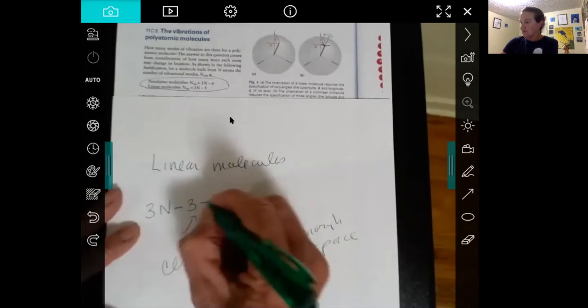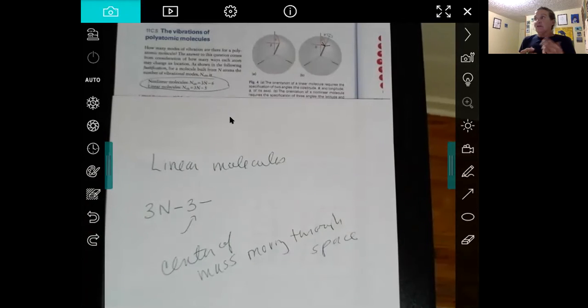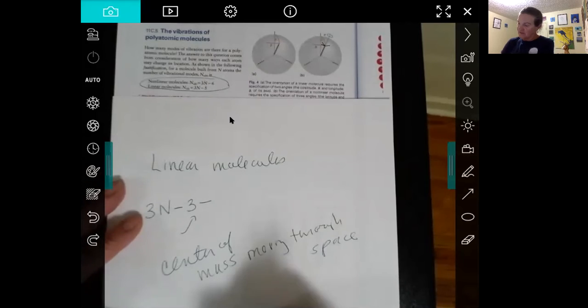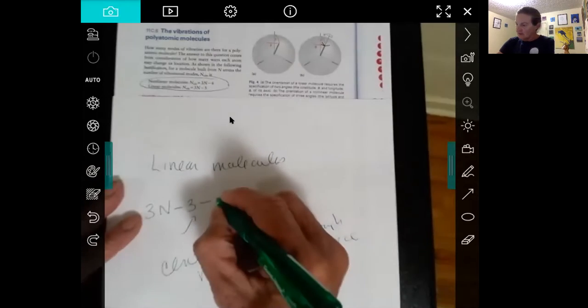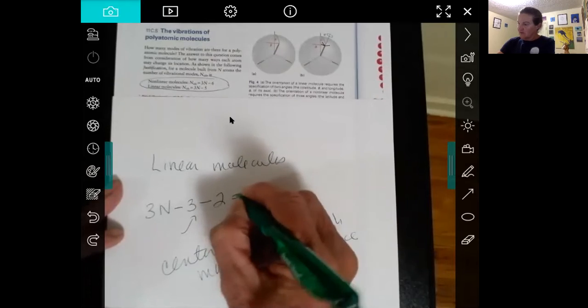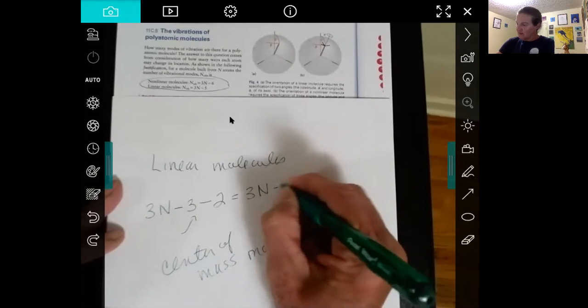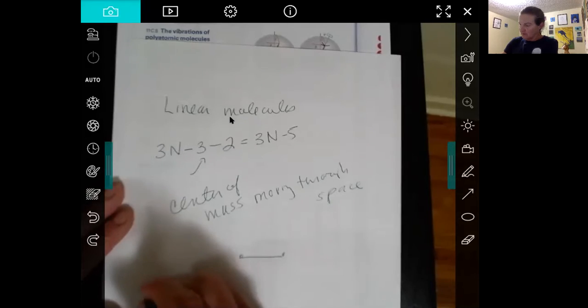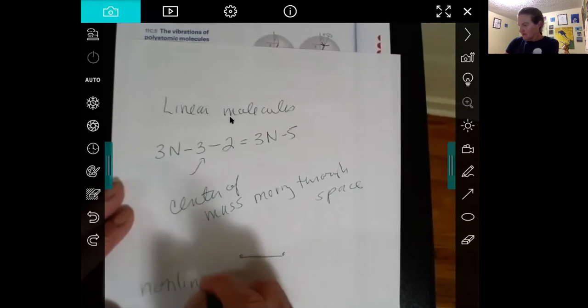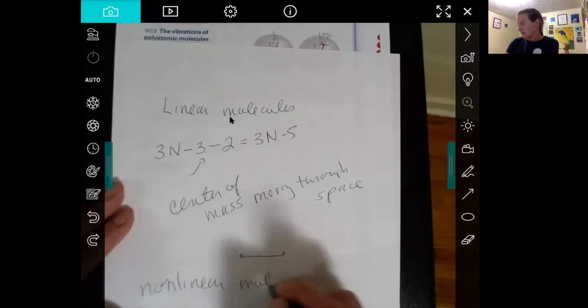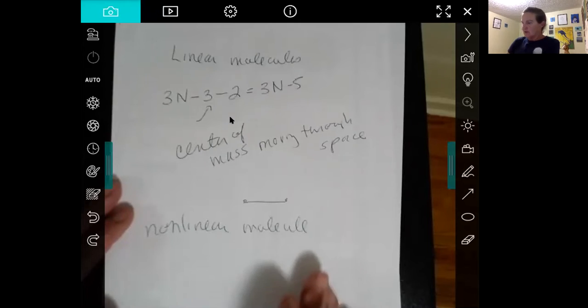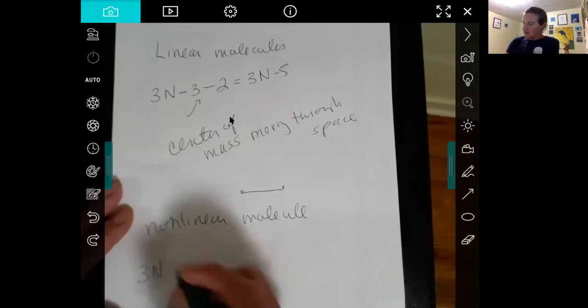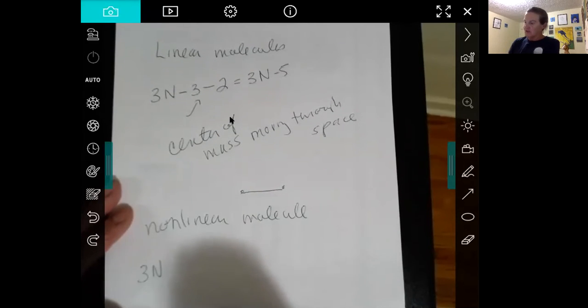And then you have to subtract from it the number of coordinates that you use to describe its rotation. And if it's a linear molecule, it can only rotate in 2 different directions. So it's 2. And so you end up with 3n minus 5 for linear molecules. But for nonlinear molecules, the same argument, except you have 3n, 3 coordinates for each atom.